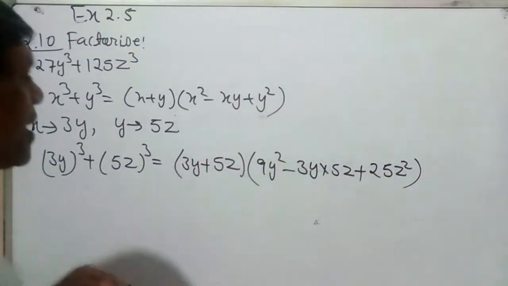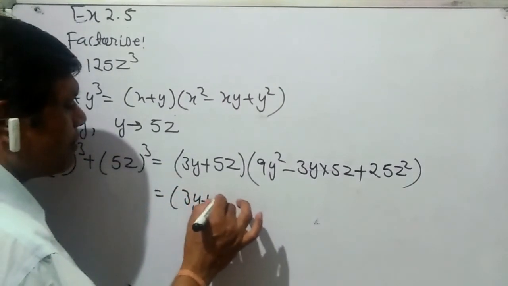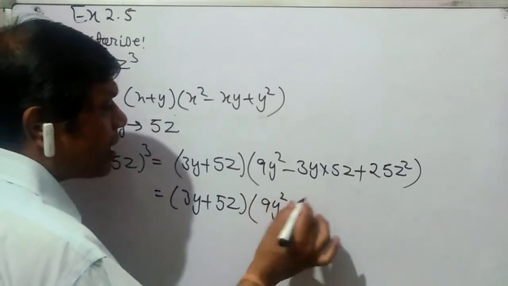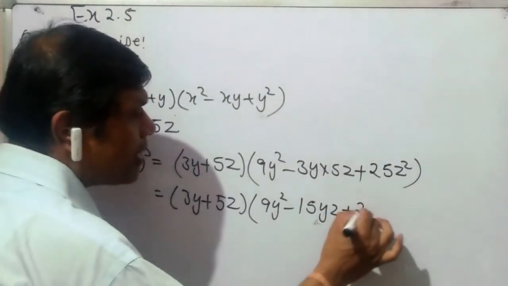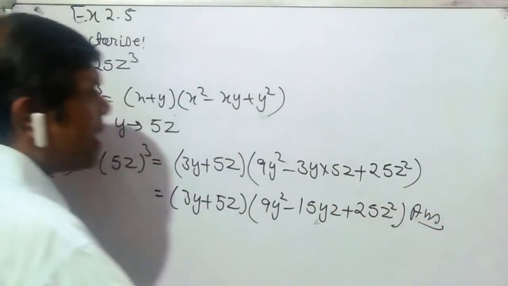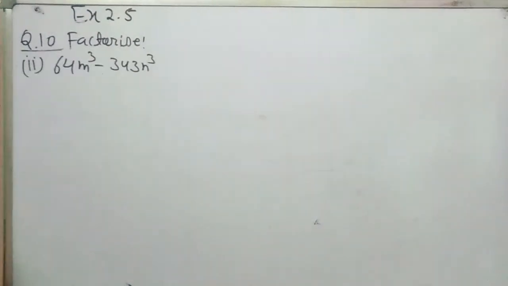We have simply to multiply and write. We get this factorization as 3y plus 5z multiplied by 9y square minus 15yz plus 25z square. That is the answer for the factorization of 27y cube plus 125z cube.